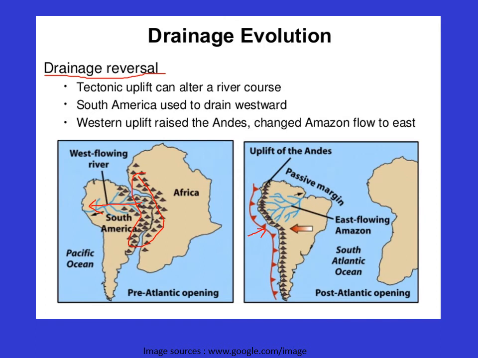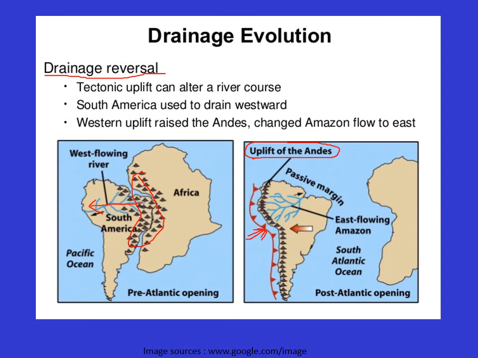Due to this collisional setup of an oceanic plate, the Nazca plate, and the continental South American plate, upliftment of the Andes mountain range happened. So due to this upliftment of the Andes mountain range along the entire western coast of South America, the western part of the South American landmass becomes elevated.